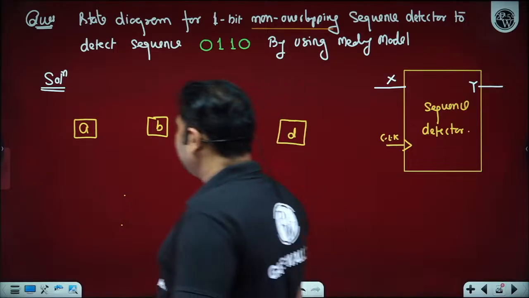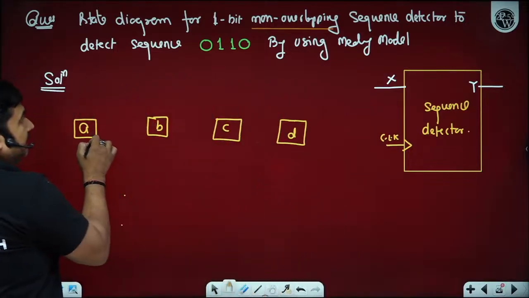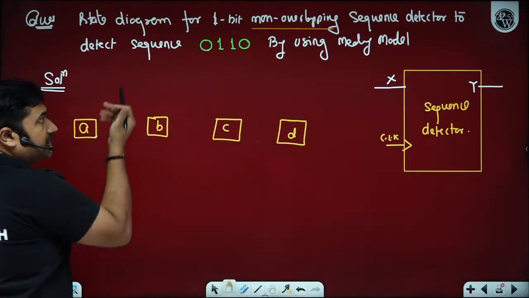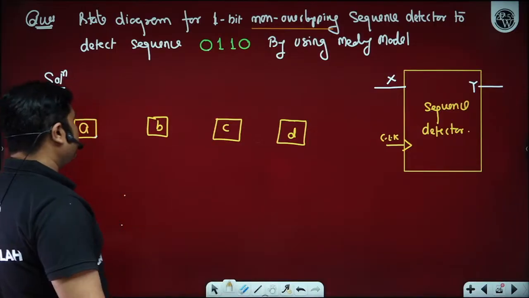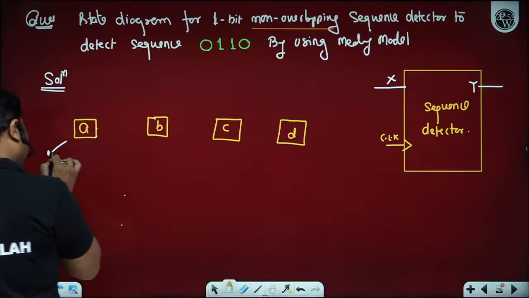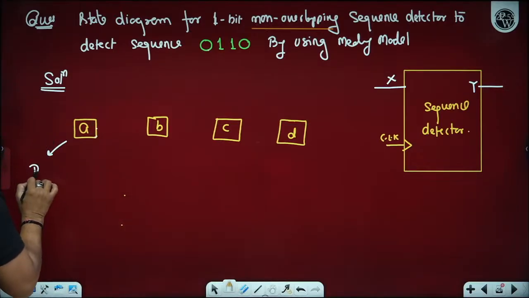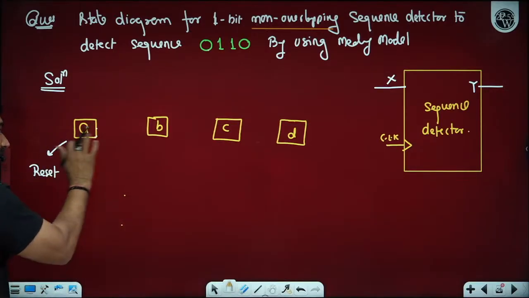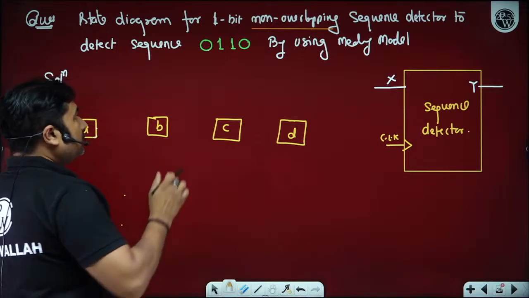Now please observe. Suppose you are on state A. First observe the required set of sequence. Always remember, the first state A is a reset state. Reset state means the 00 state. Is it okay? Yes, sir.